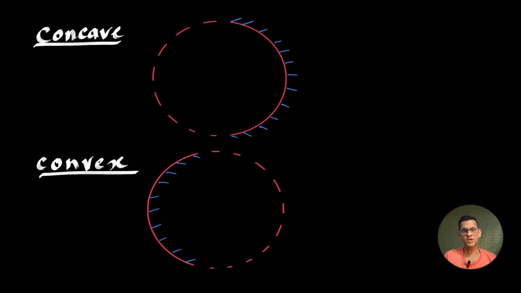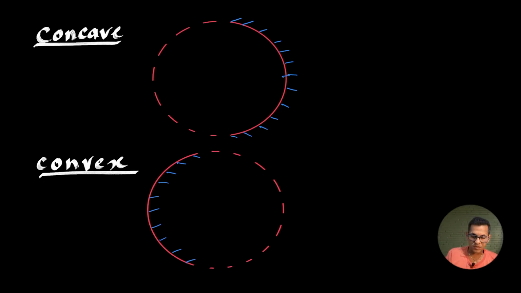Alright, let's try to understand the different points that we need to remember with respect to these 2 mirrors, or in other words, the anatomy of these mirrors. I have marked 2 mirrors here with the dotted line representing the spheres from which these mirrors have been made. The one on the top is a concave mirror, as you can see, the reflecting surface is curved inwards, whereas the bottom one is a convex mirror where the reflecting surface is curved outwards.